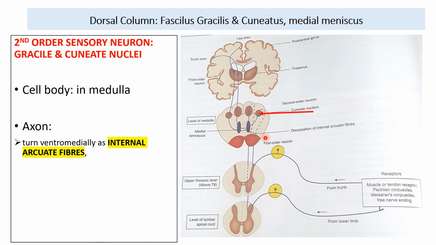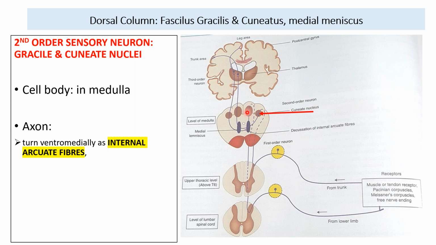This is a cut section of medulla. I know you have not seen the medulla right now, but this will be followed. So this is the posterior and the anterior aspect of the medulla, and this is the very characteristic corticospinal tract. The pyramidal tracts are lying most anteriorly, and posteriorly you see these fasciculi, which run from the spinal cord level into the medullary level, and at the level of the medulla they end in the nuclei.